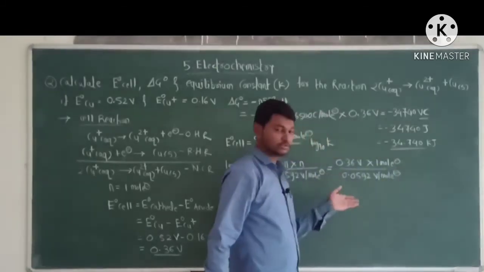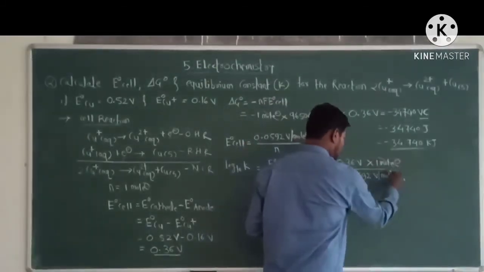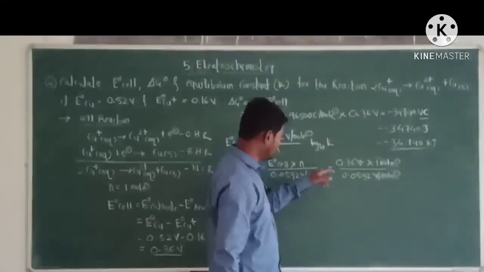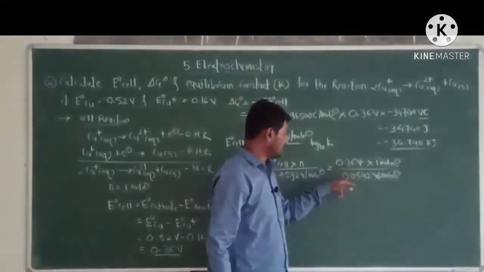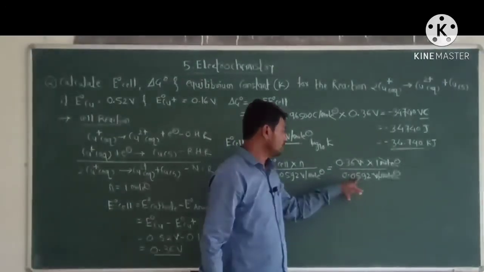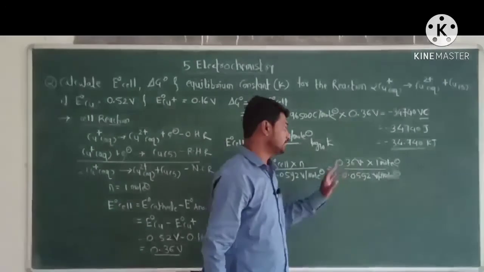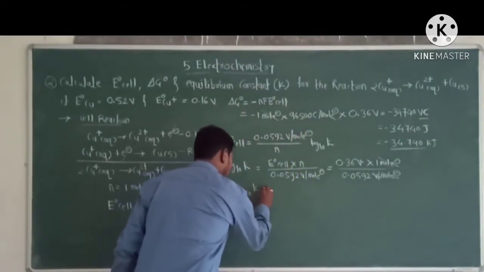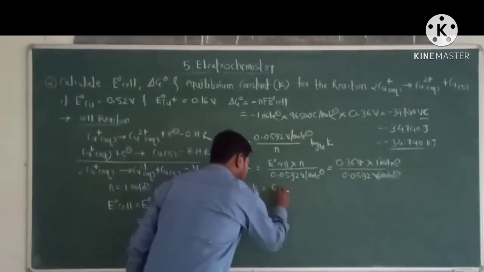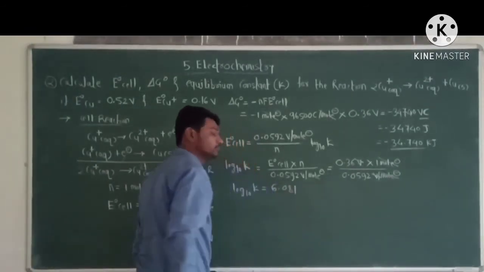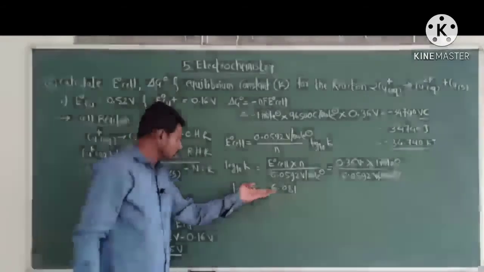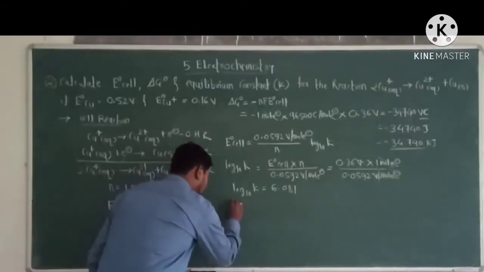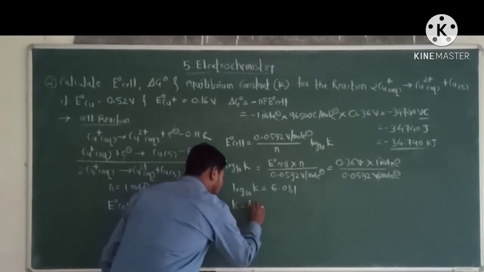Solve this equation. Mole electron per mole electron gets cancelled, volt gets cancelled. Divide 0.36 by 0.0592, we get the final answer: log to the base 10 K is equal to 6.081.